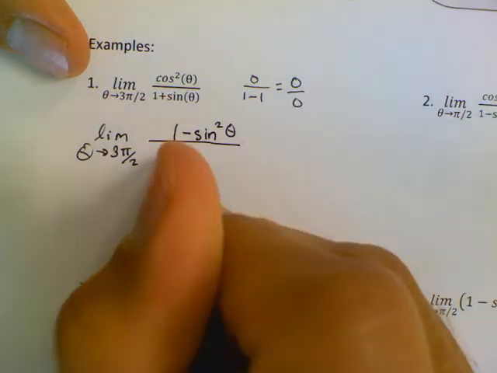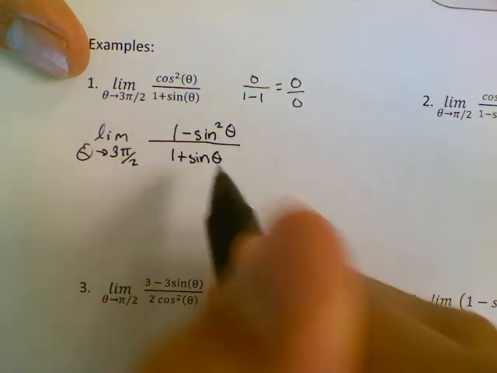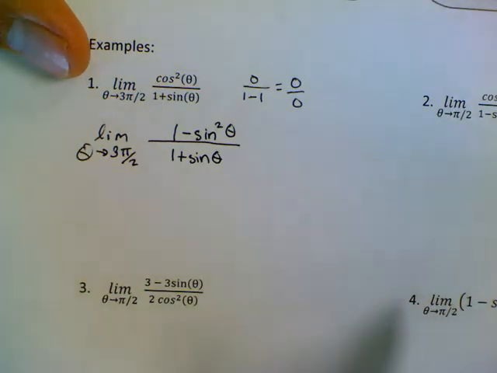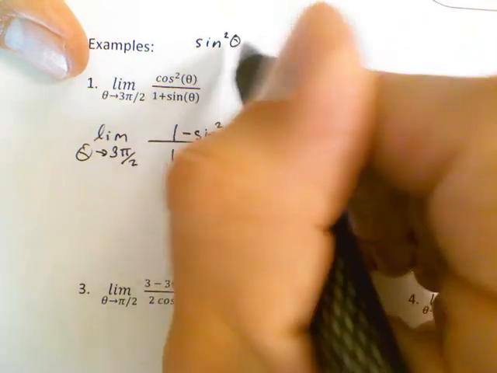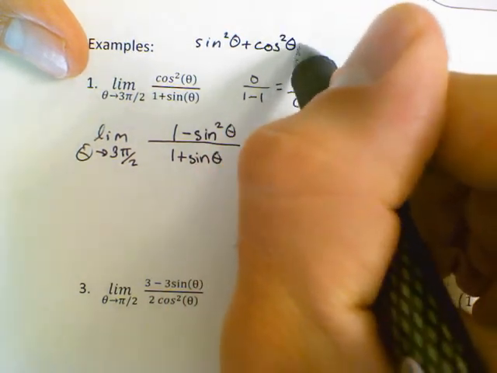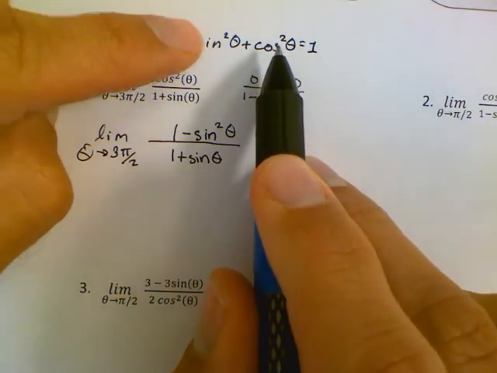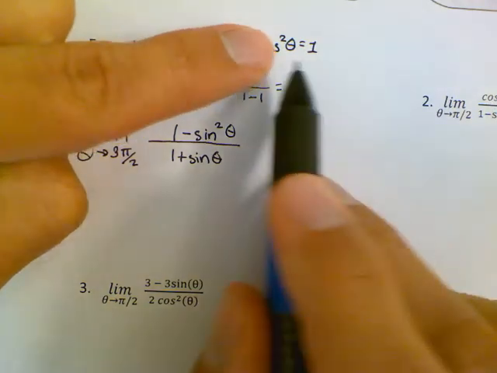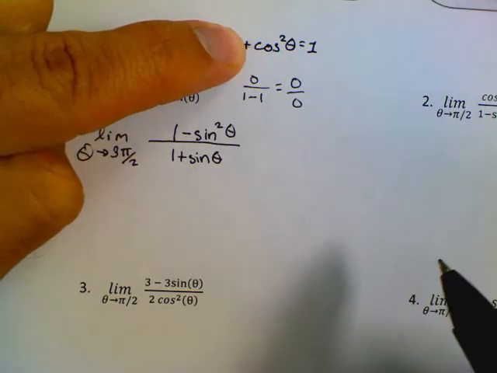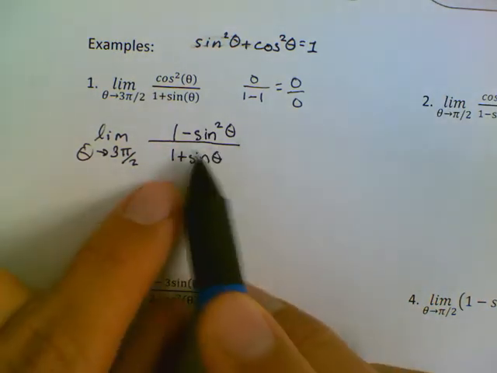Which is basically just the algebraic equivalent to our first theorem. If I had sine squared theta plus cosine squared theta equals 1, then I could just subtract sine squared on both sides to solve for this cosine squared. Okay, so cosine squared is 1 minus sine squared.